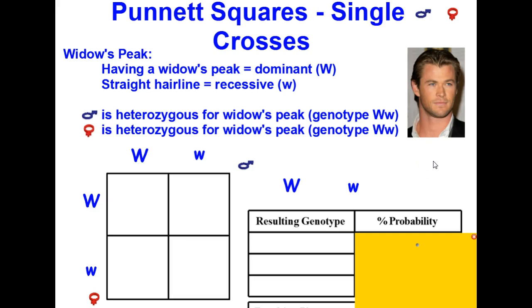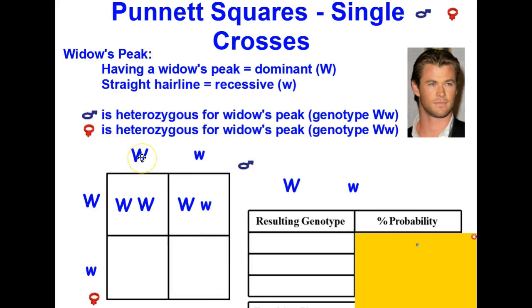Now we have our square set up by which we can figure out and calculate the resulting genotypes and phenotypes for this cross. Well, what would happen if they inherited a big W from the dad and a big W from the mom? Of course, you would end up with a big W, big W offspring. If you inherited a little w from the dad but a big W from the mom, you would end up with a big W, little w. And because the big W is dominant, we would write that first.